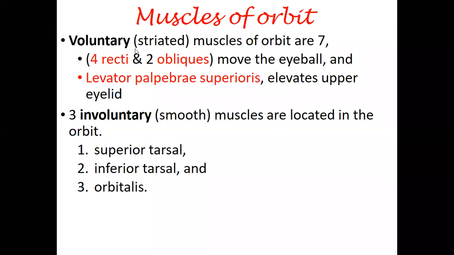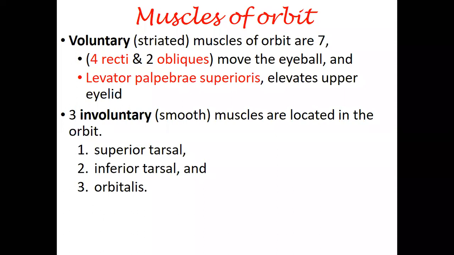Voluntary muscles or striated muscles of orbit: there are 7 muscles, of which 4 are recti and 2 oblique that move the eyeball, and levator palpebrae superioris that elevates the upper eyelid.